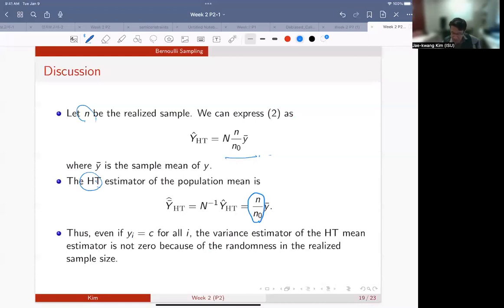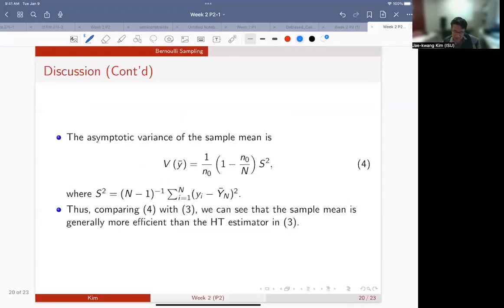So this actually is kind of a noise, right? We add noise to the sample mean and create additional randomness. And the randomness is actually due to the randomness in the sample size. So the randomness in the sample size creates additional variance.